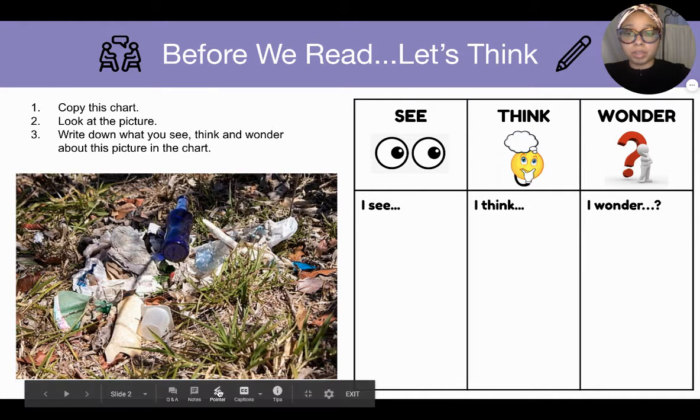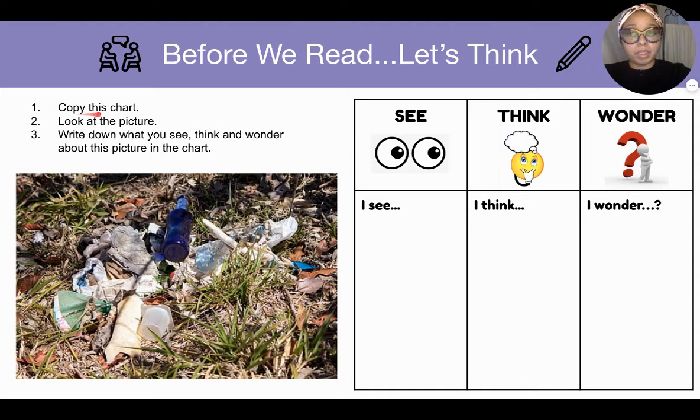So before we read, let's do an activity. You are going to copy this chart into your notebook or into a doc where you can write in your own answers. You're going to look at this picture, and then you will write down what you see, what you think, and what you wonder about this picture into the chart.